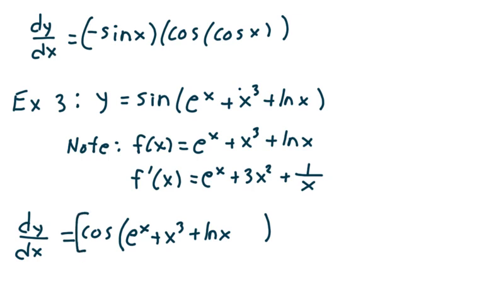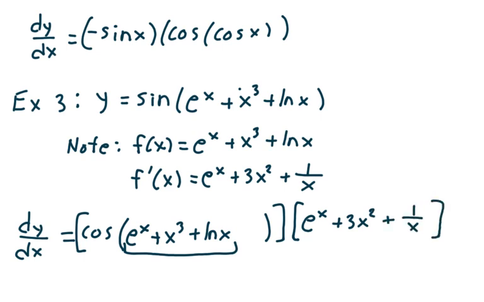And I'm going to take that answer and multiply by the derivative of that inside function. So I'm multiplying by the derivative of e to the x plus x cubed plus natural log of x. And when I do that, I get e to the x plus 3x squared plus 1 over x.